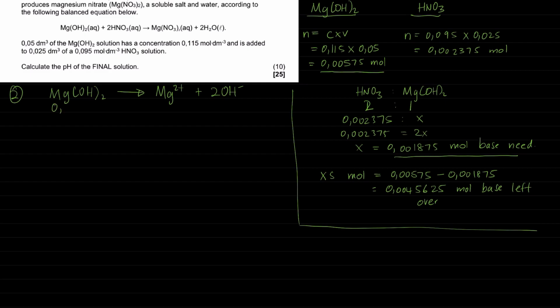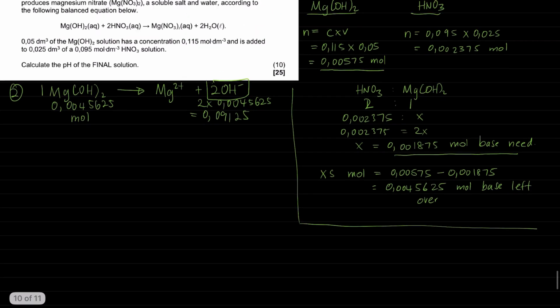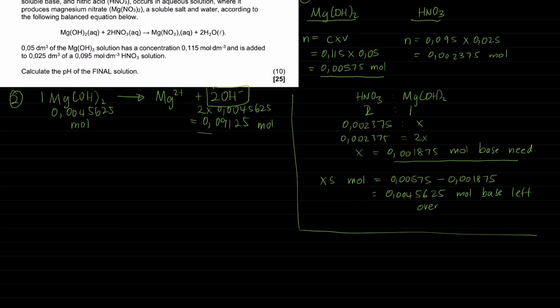If we have 0,0045625 moles here, and the ratio is 1 to 2, that means this amount is going to be double that. So this will be 0,09125, basically 2 times 0,0045625. So now we calculated the number of moles of OH minus that's in excess.